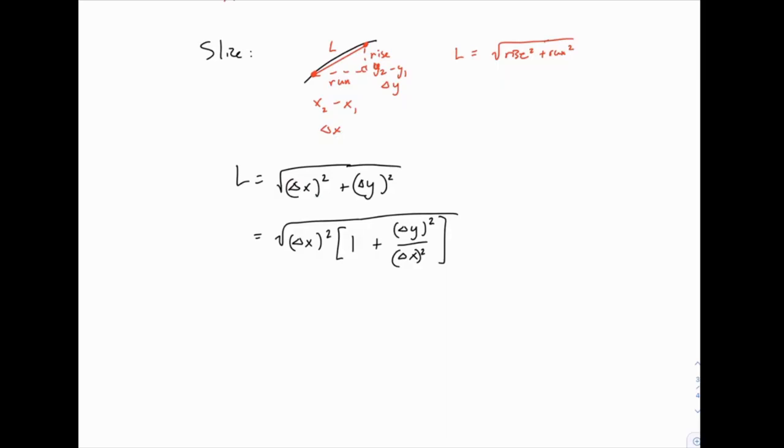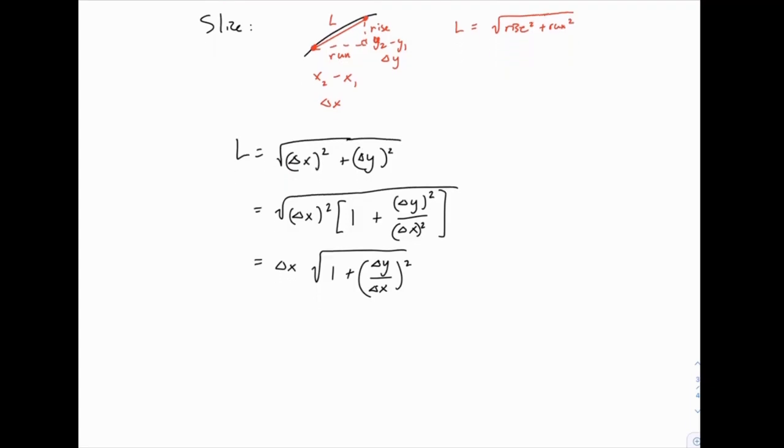So now if we take the square root of these two pieces individually, the square root of delta x squared is just delta x, and then we have the square root of all of this, and I can rewrite delta y squared over delta x squared as delta y over delta x, all squared. Now imagine making this line segment smaller and smaller and smaller, shorter and shorter.